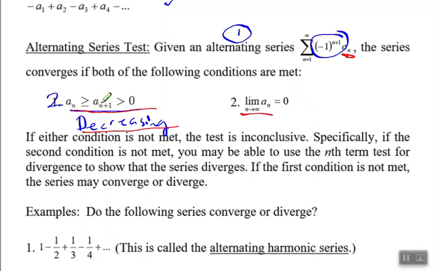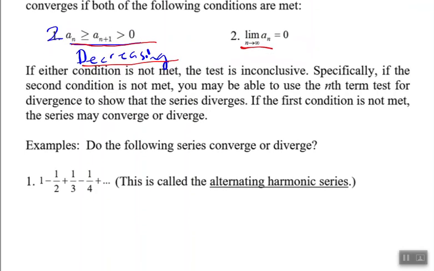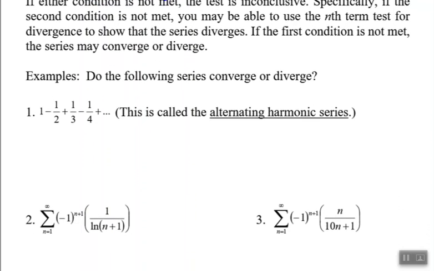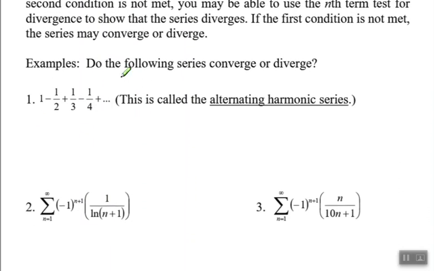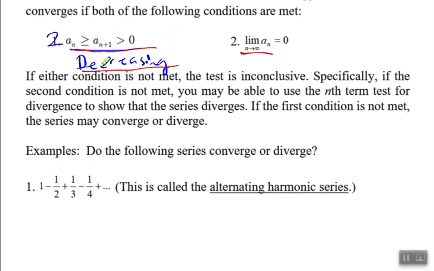So let's look at a couple of these things. There's a great video on that, and actually I'll show it to you. If either condition is not met, the test is inconclusive. Specifically, if the second condition is not met, we could have used the test for divergence. At the end, we don't have 0. So if ever you're adding 1/2 and 1/2 and 1/2 and 1/2, then that series is going to diverge.